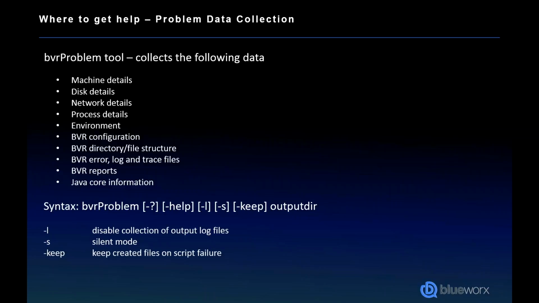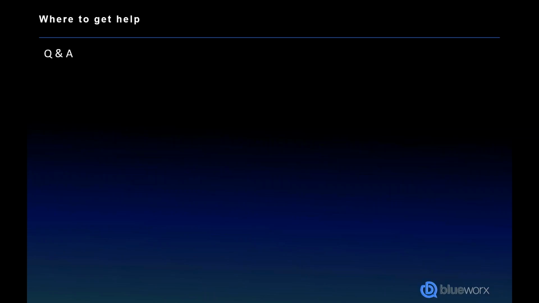All you need to do is enter BVR problem and then specify the output directory. In most instances, you can just use /tmp for that, or temp. And that's it from the support standpoint. I hope you never have to call me, but that information is there if you need it.